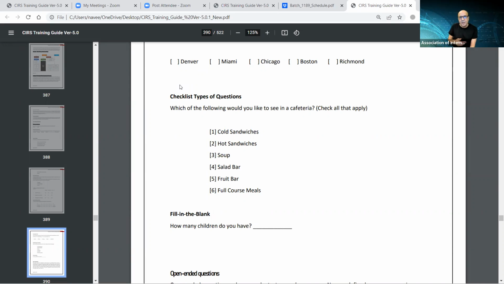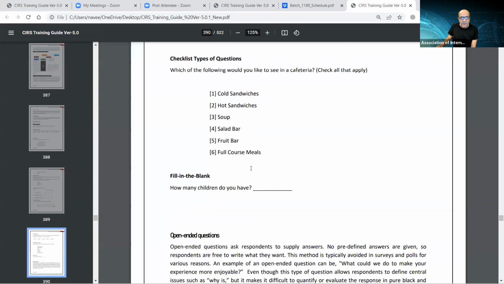it would make it easier for communication, and even within the research group you could discuss it. That's because what you're writing is understood by everybody else in the same sense. Checklist type of questions: which would you like to see? So these are multiple choice.